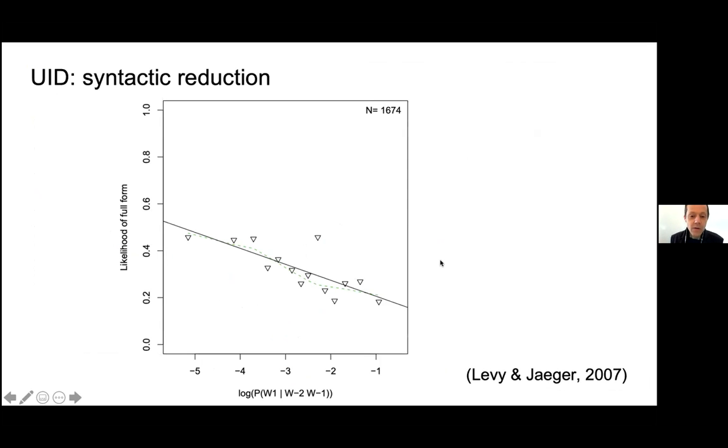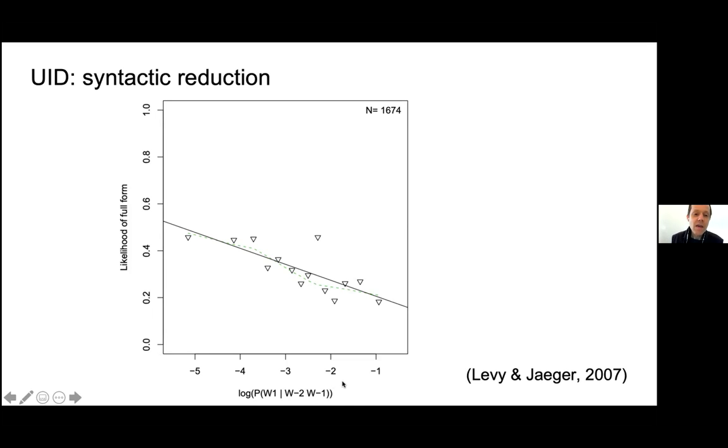The study we're going to look at looks at the probability that a speaker uses a full form, so includes the optional "that," plotted against some measure of the predictability of the material in the complement clause. For this result, this predictability is cashed out in terms of bigram probabilities: how predictable, say, the "we" that starts the complement clause is as a function of the two words that preceded.